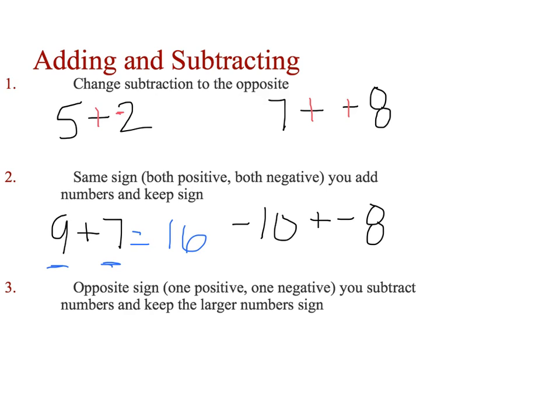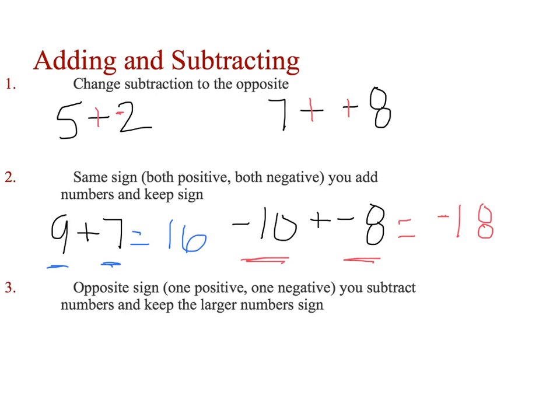And since they both were positive to begin with, my answer would be positive. And if I look at my second example, here I have a negative 10 and a negative 8. So since they're both the same sign, both negative, I add those together, and I get 18. And since they started out being negative, my answer will be negative.